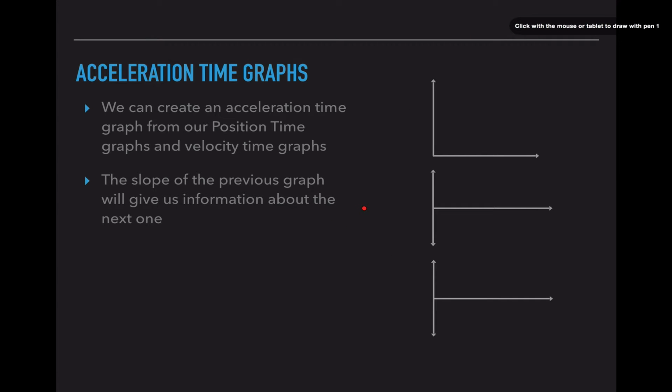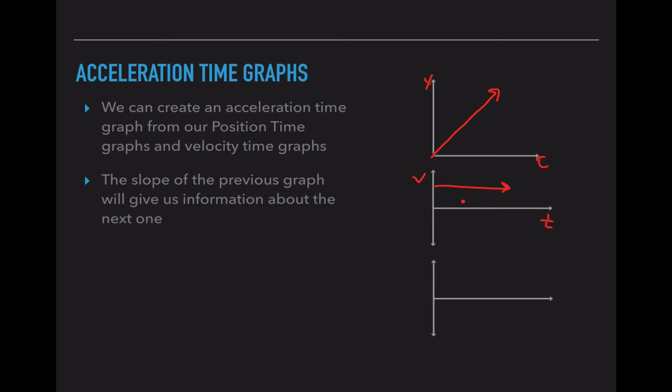So acceleration time graphs. These add on to the position time graphs and the velocity time graphs we've already worked on in class. So if we have this position time graph that is a positive constant value for a slope, this would be our velocity time graph, a positive constant value. Our acceleration time graph is the slope of this line.